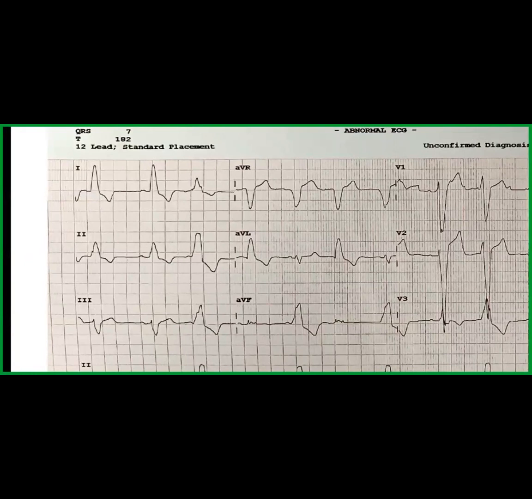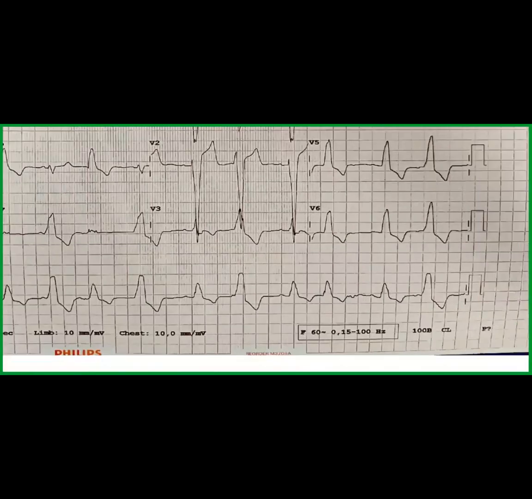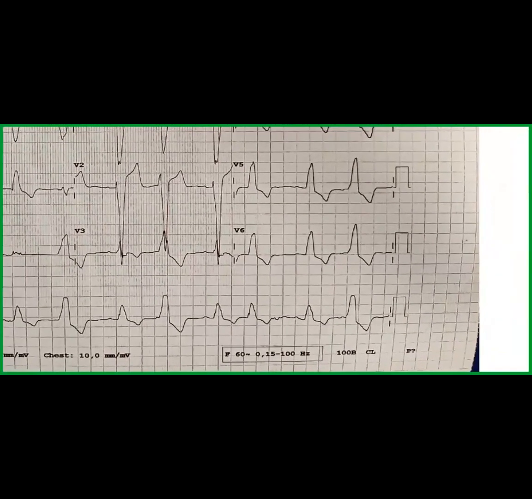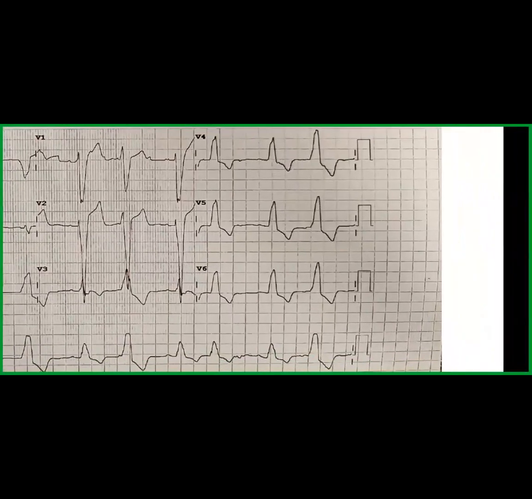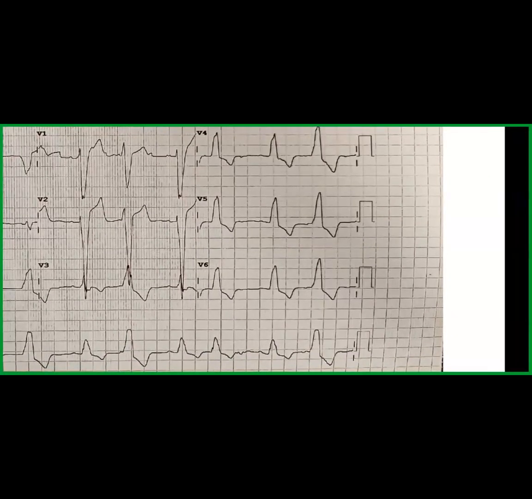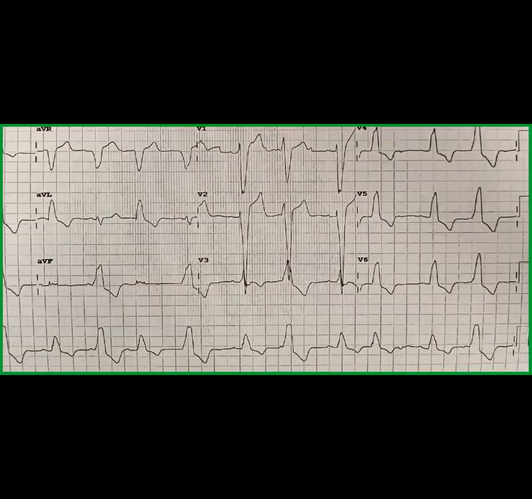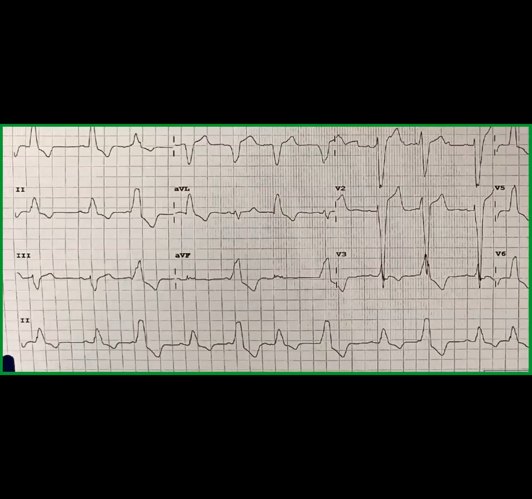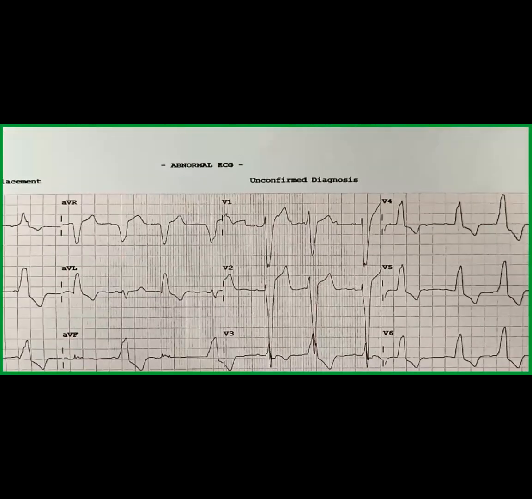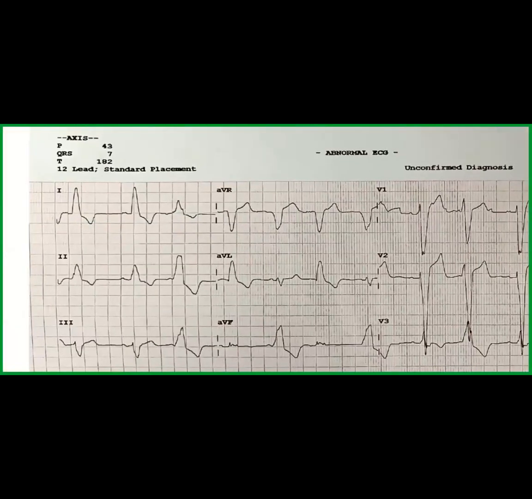We can see our monophasic or M-shaped R wave in V5 and V6 here. We're able to see that it's wide and quite notched at the top, not quite sharp as it would appear in a normal patient.